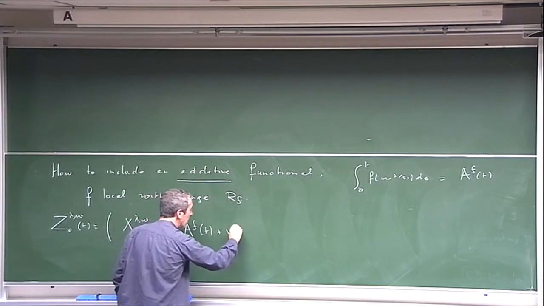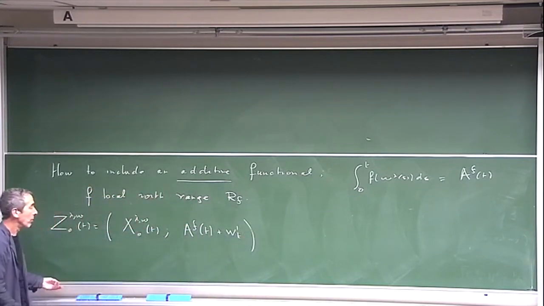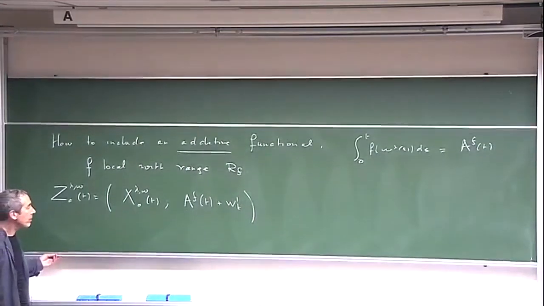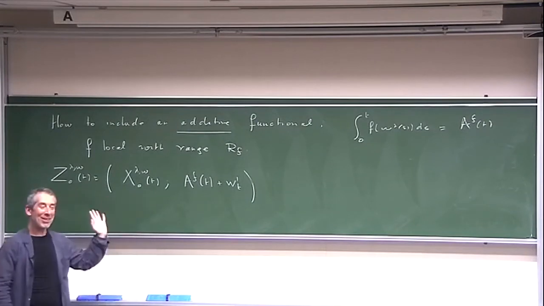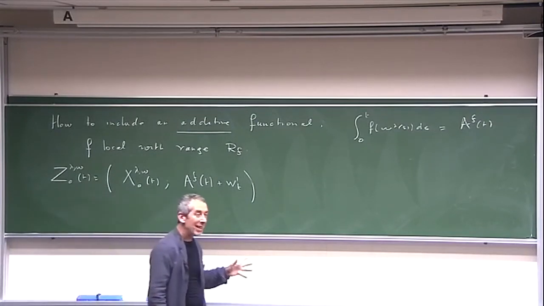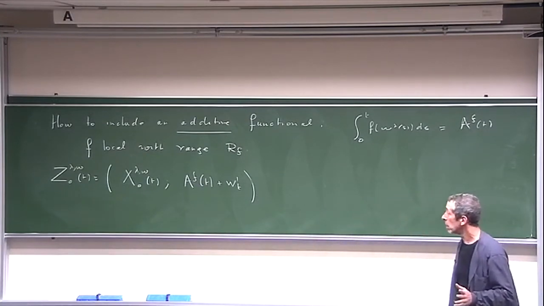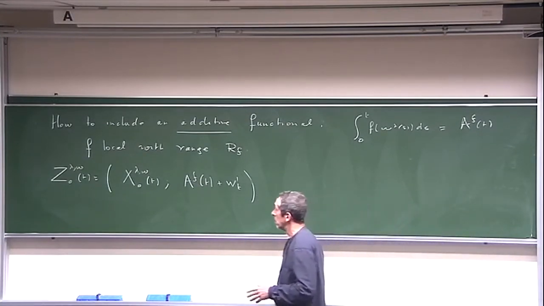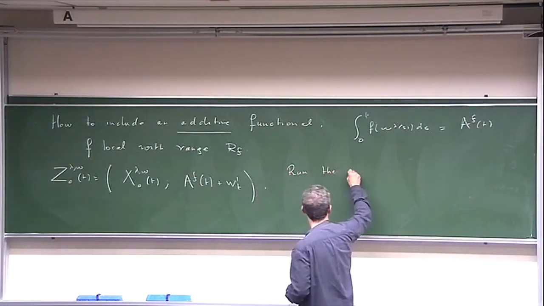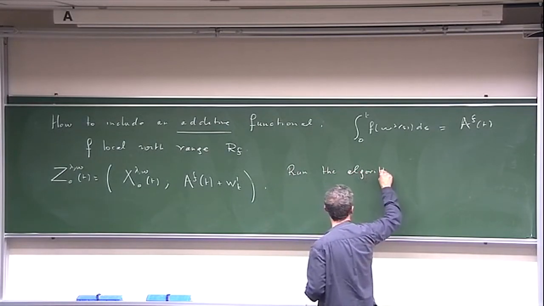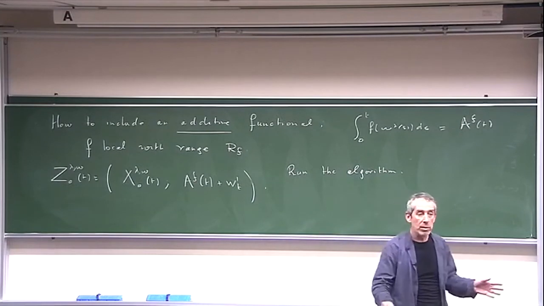And then we add another Brownian motion just to look nice. Then we do the algorithm. So, except for the fact that we are in R^{d+1} now, it doesn't change anything.